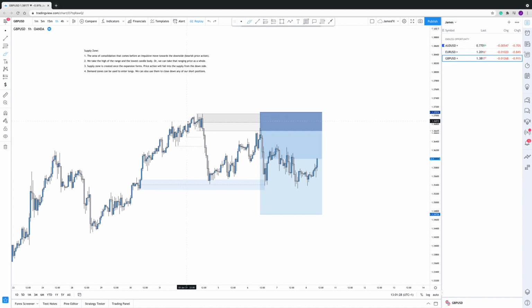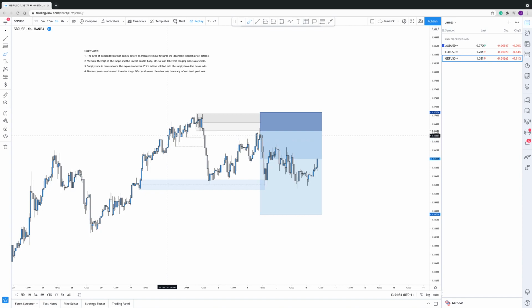So now when we look at here, you can see we had an impulsive move to the downside, which is the expansion. You can see it's aggressive. And if you compare this move here to this entire move, you can see it's the same length, and you can see the difference in the candle size.